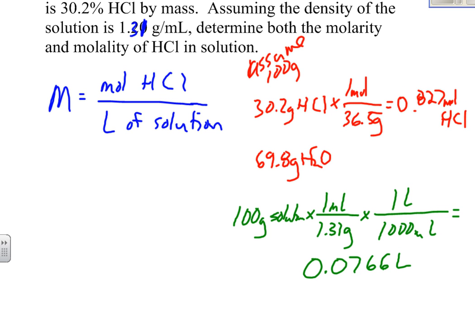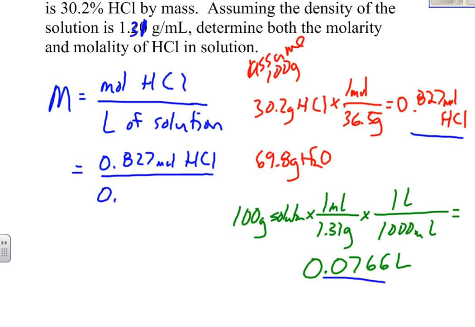Now, if we go back over to our problem, we plug in the values that we found. We have our 0.827 moles of HCl. We have our volume, 0.0766 liters, which results then in a molarity of 10.8 molar.